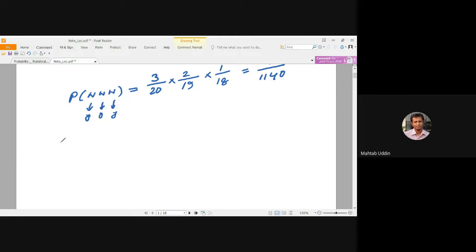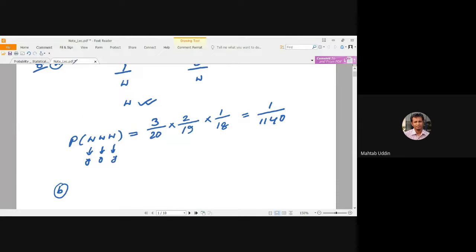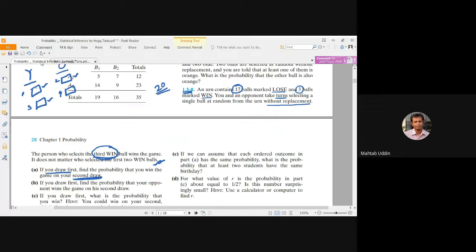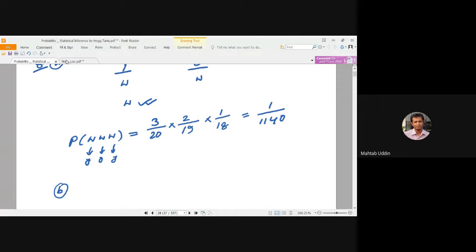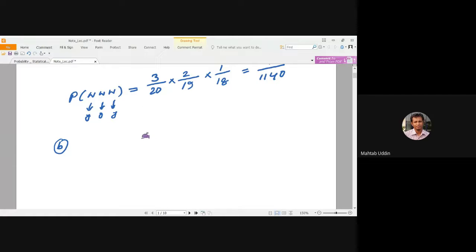Now, B says your opponent wins in his second turn. Now not you. Who will win now? Opponent. Your opponent will win in his second draw. So, if your opponent needs to win in the second draw, then say it's you, it's your opponent.